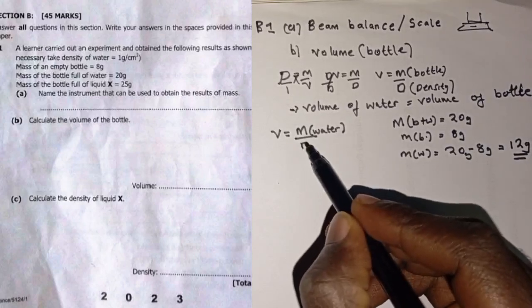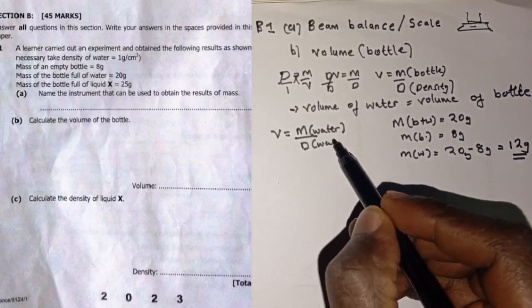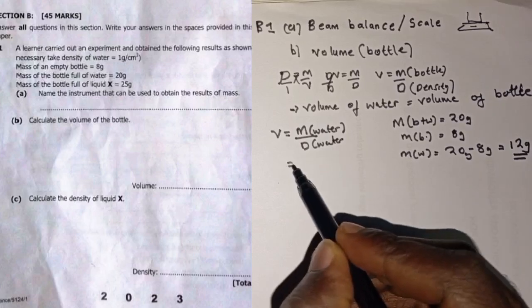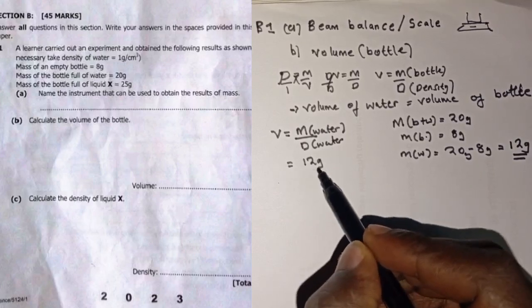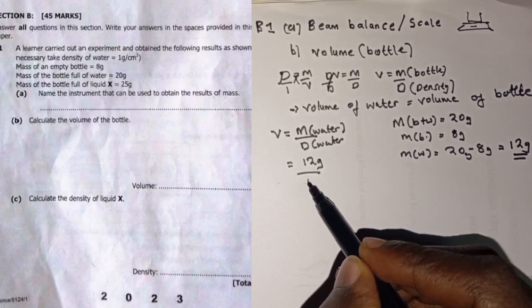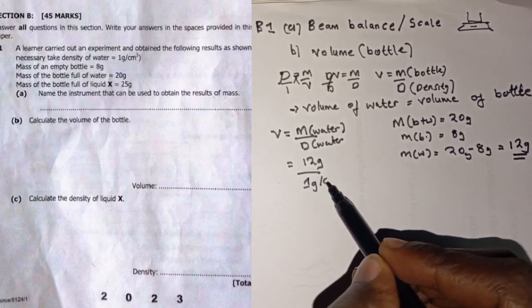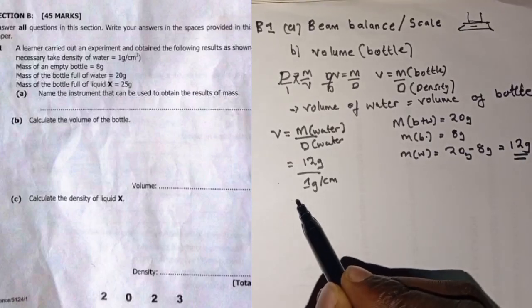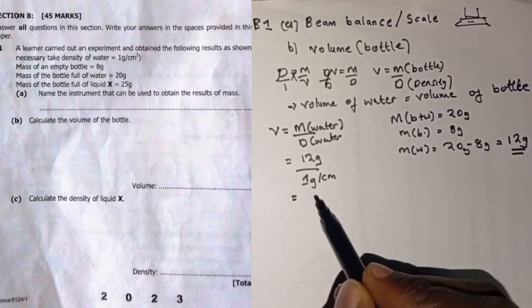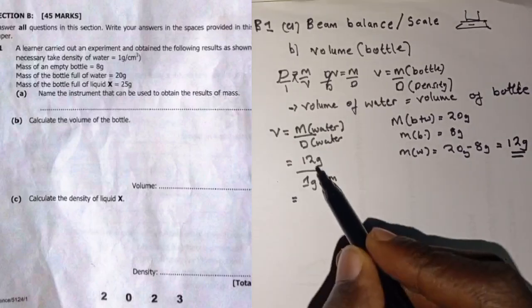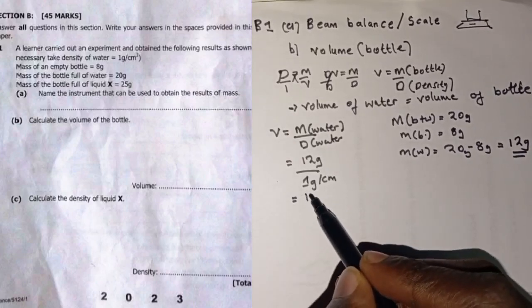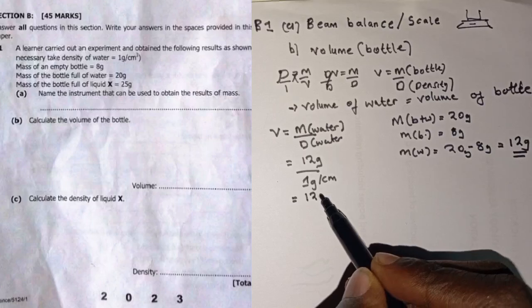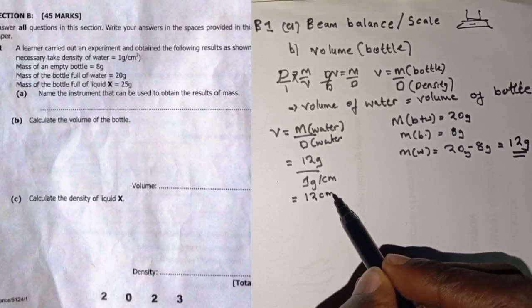Remember, over the density of water. The mass of water we have is 12 grams, and the density of water we are told is 1 gram per cubic centimeter. So here the volume will simply be 12 cubic centimeters.